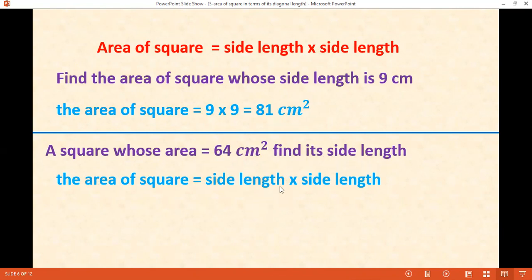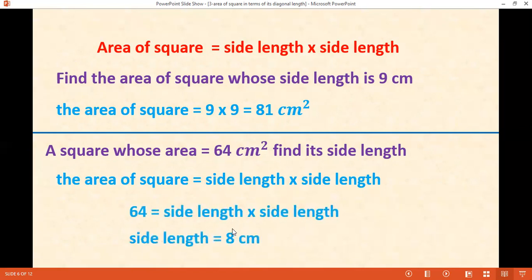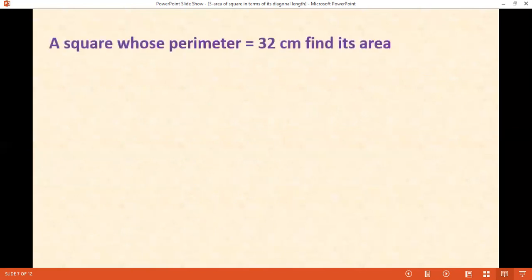And if I think about it mentally, which two equal numbers, if I multiply them together, give me 64? 8 by 8, of course. So each side will be 8 centimeter.